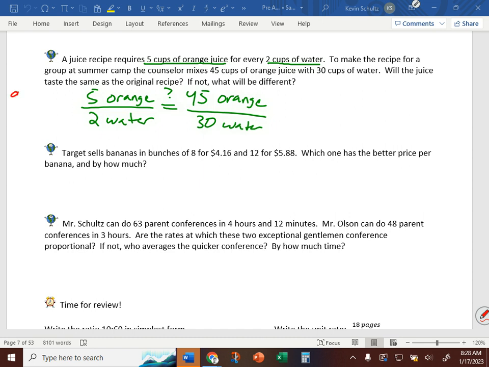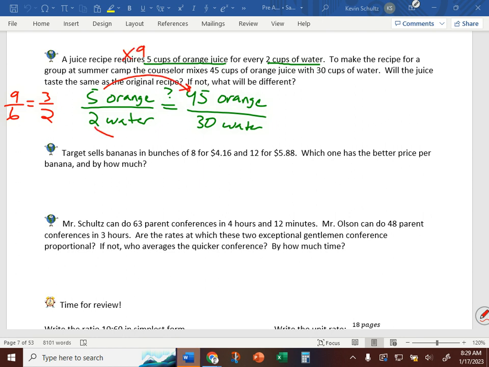But if we have 9/6, what does that simplify down to be? 1 and 1/2 is a fraction in simplest form. Doesn't 9/6 equal 3/2? Okay. Is 3/2 the same as 5/2? No. Right? If we use scale factor here, what did you multiply 5 by to get to 45?